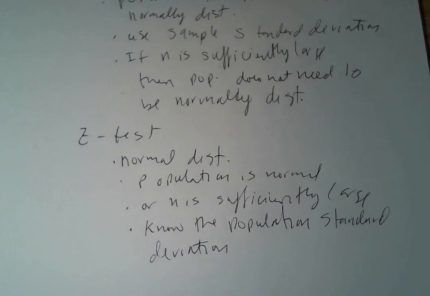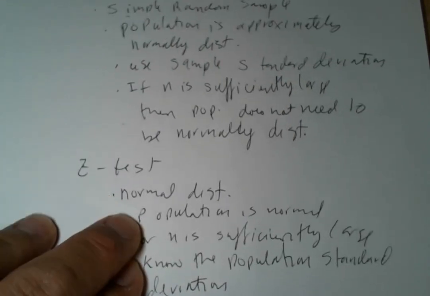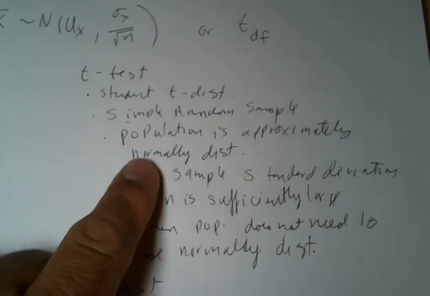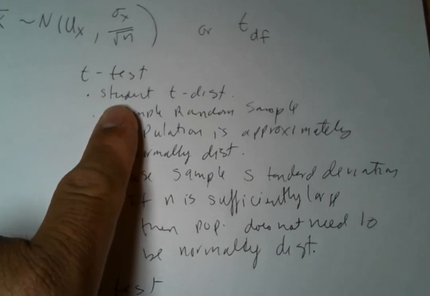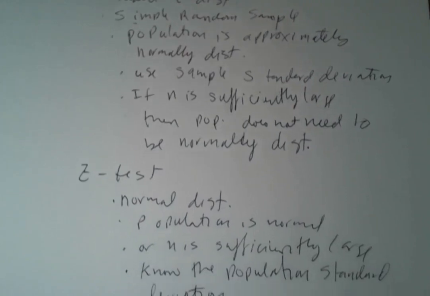In most applicable cases, this probably won't be information available to us, but if we did happen to know it, then we would use a z-test. So if those conditions are satisfied, we use a z-test where we use the normal distribution. If not, we default to the t-test where we use the student t distribution.